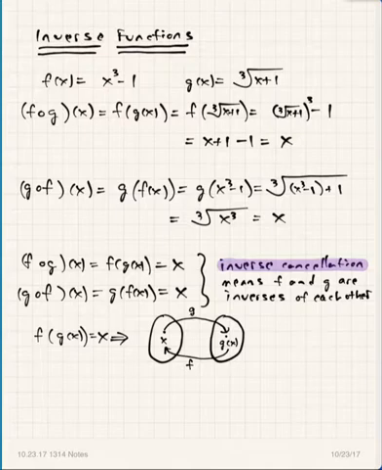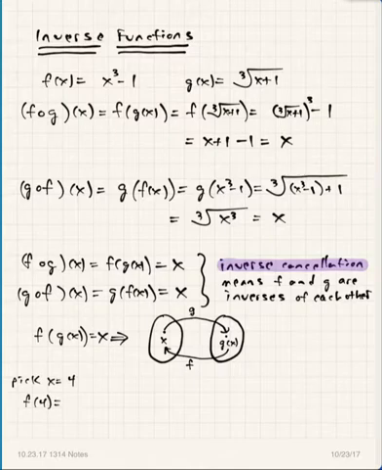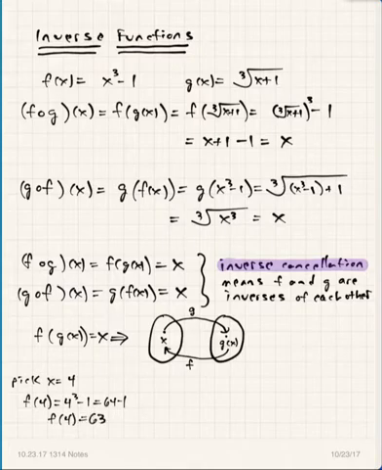So, for example, in our problem right here, if I pick an x value, like I pick x equals, I don't know, 4, notice that f of 4, remember f is x cubed minus 1, so f of 4 is 4 cubed minus 1, or 64 minus 1. So f of 4 is equal to 63.